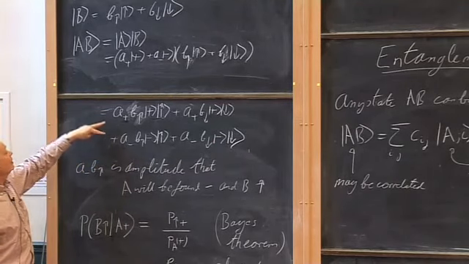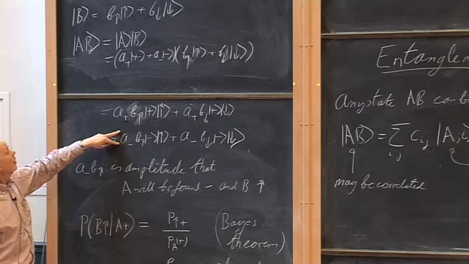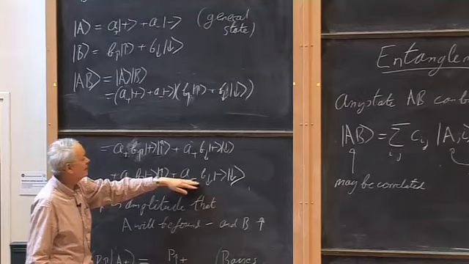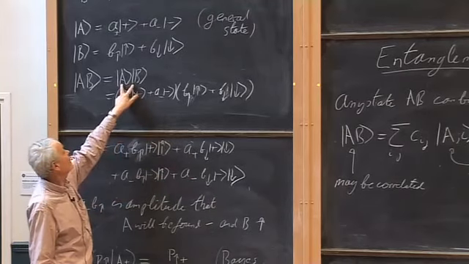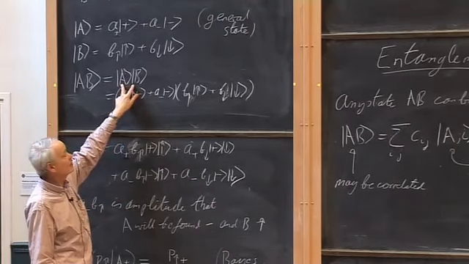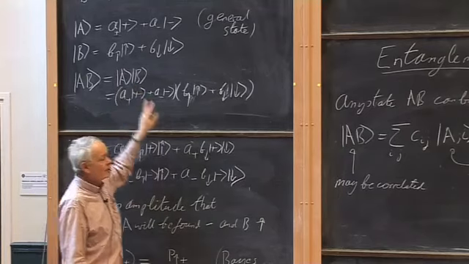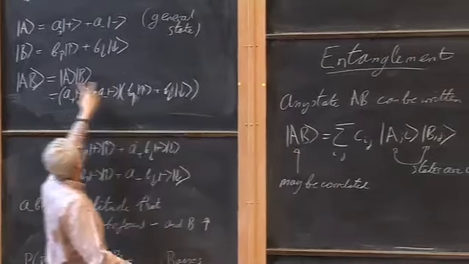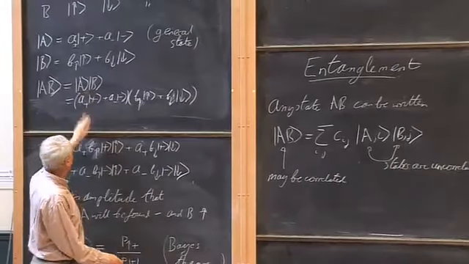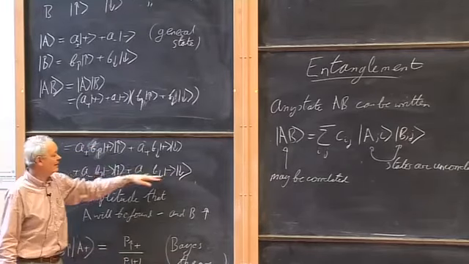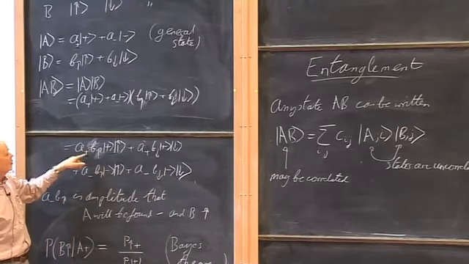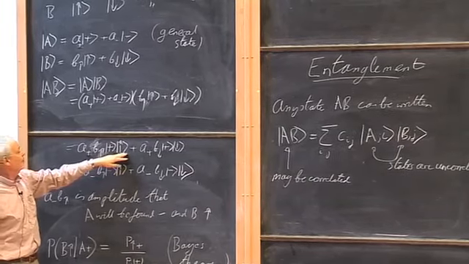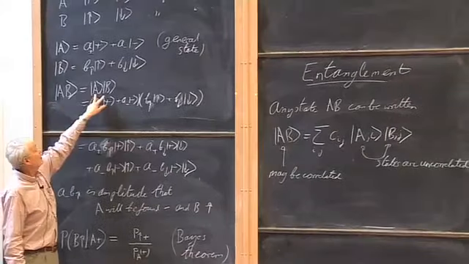And it turned out that in this case, that was still an uncorrelated state because this was simply an expansion in terms of some basis states of a state which was already a product of just two states. So the point is that the general state cannot be written like that, even though when you see a long list of basis states, with certain complex numbers in front, it may be that the state can be written thus.